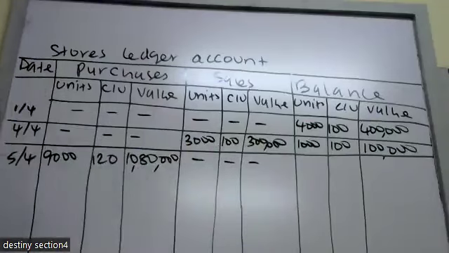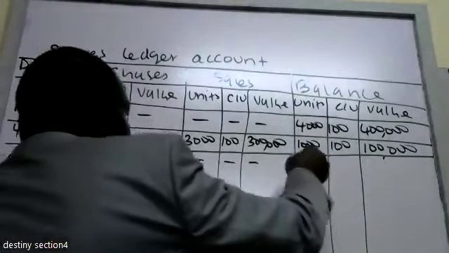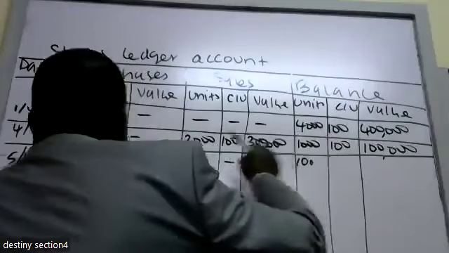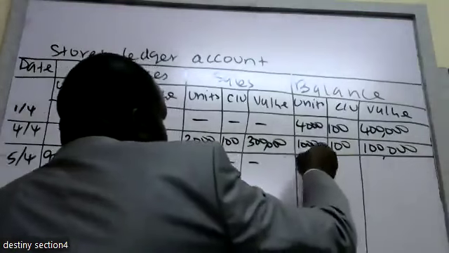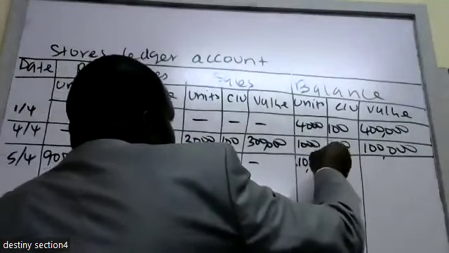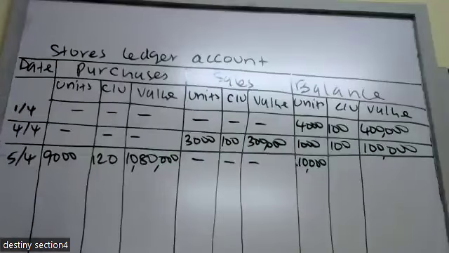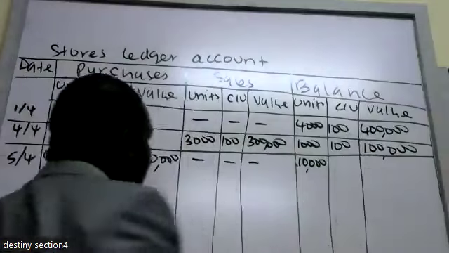So when it comes to the balances, this time there is no order of first in or last in. So just add them. So this one plus this will give me a total of the units, 1,000 plus 9,000. So it will give us 10,000. Then you also add this one, this one.